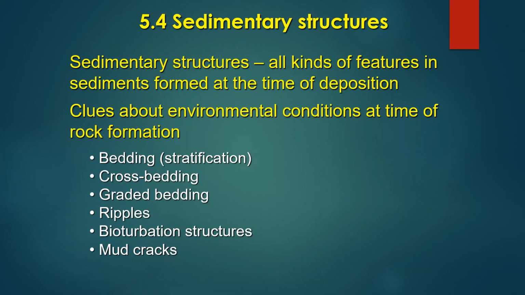Similar to texture, structures of sedimentary rocks can also reflect the depositional environment of the rock. Sedimentary structures are large, generally three-dimensional features of the sedimentary rocks, such as beddings, ripple marks, fossil tracks, and mud cracks.